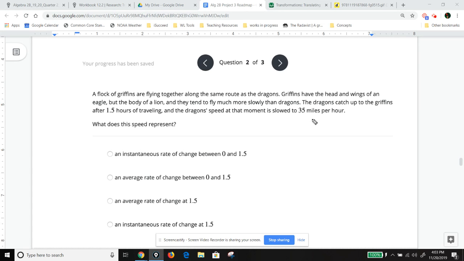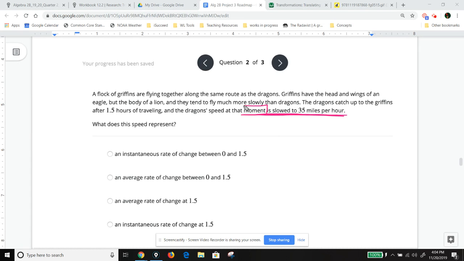I can read. Anyways, the dragons catch up to the griffins after 1.5 hours of traveling, and the dragon's speed at the moment is slowed to 35 miles per hour. What does this speed represent? I'm going to underline that because that's the part it's speaking about. At this moment, they slowed down to 35 miles per hour.